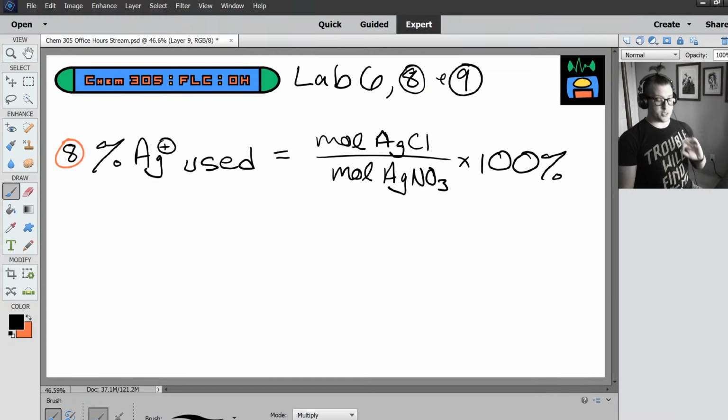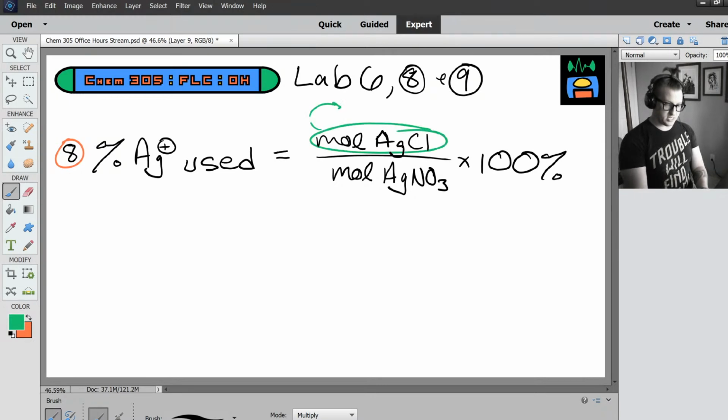All right. So this is how you calculate the percent silver, and you'll notice that you've actually already calculated both of these. Your moles of silver chloride, you did this in step 7.